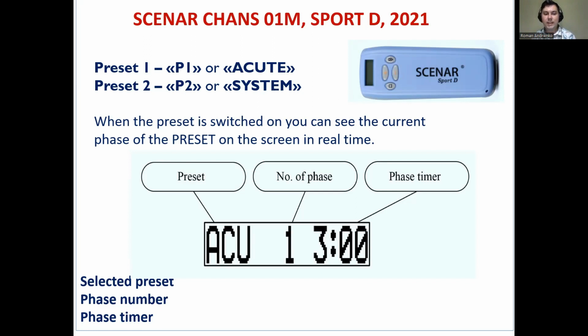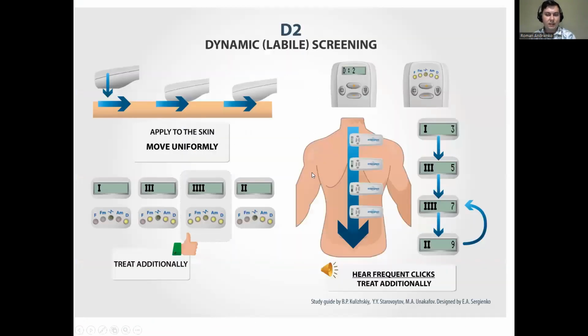These are complex presets with several stages. You may set them on your Sport D device in the P menu. There's also a D2 mode, which operates as a D4 in big professional devices for adults.